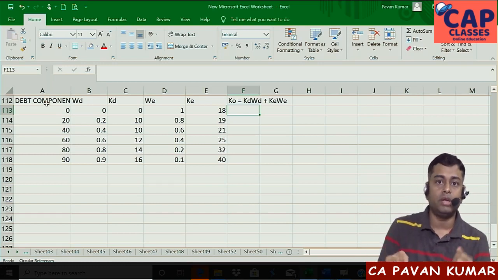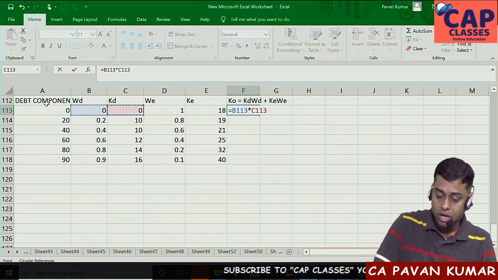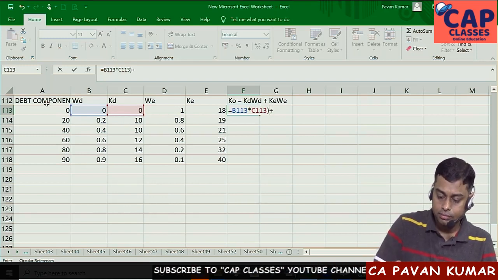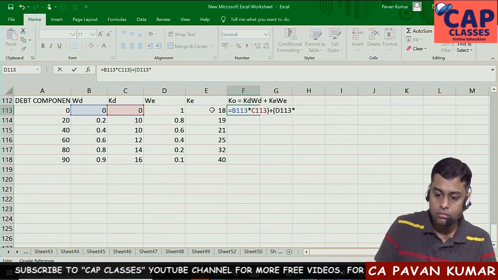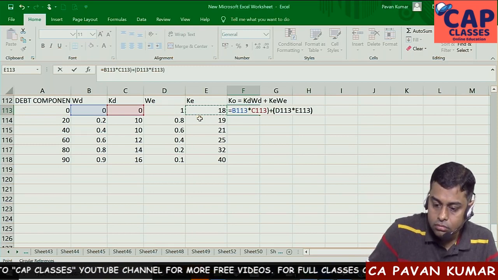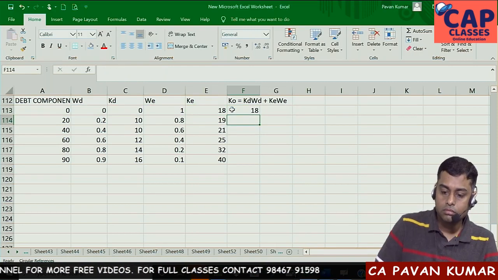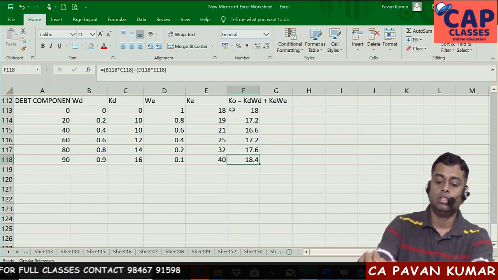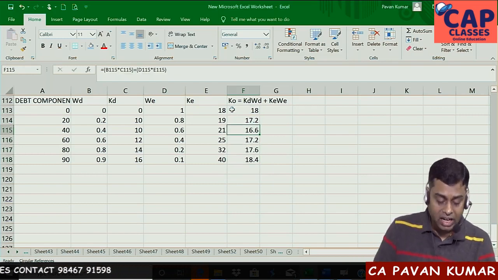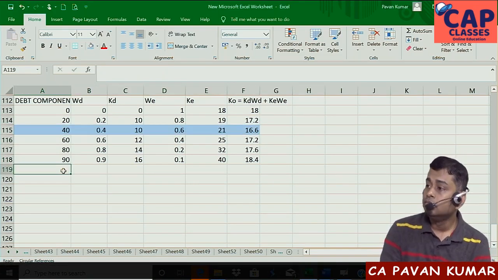Take weight of equity, cost of equity, multiply. And then add both. That gives you KO. I'll do this with formula, you have to do it on your own with a calculator. This is 18. So this is KO. Once you are done with these calculations, observe where your KO is lowest.